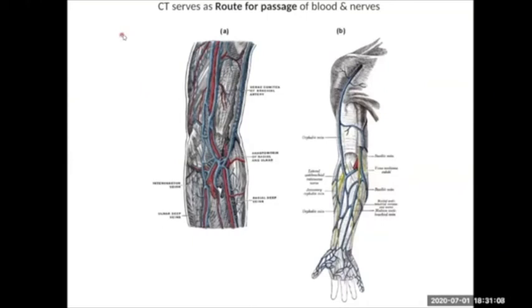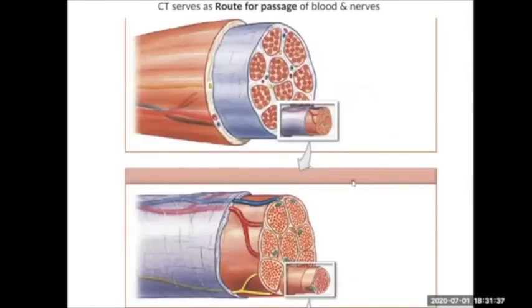The other thing it does is what any connective tissue layer within an organ does, which is to serve as a route for passage of blood vessels and nerves that are supplying that organ. Right? So here's a dissected picture of your arm. They've removed the connective tissue, so all the blood vessels, the stuff we want to see, is visible right here. But normally this is all embedded within the connective tissue layers. So this is within your muscle right here.